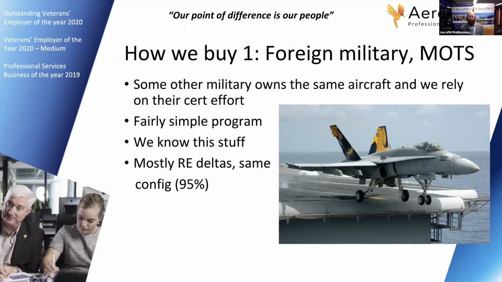It's never going to be anything else. So if we buy an aircraft from a foreign military or the military off the shelf, right, we generally buy from people that we trust. We generally buy from people who have their own robust airworthiness frameworks in place, and we leverage heavily off the work that they do.